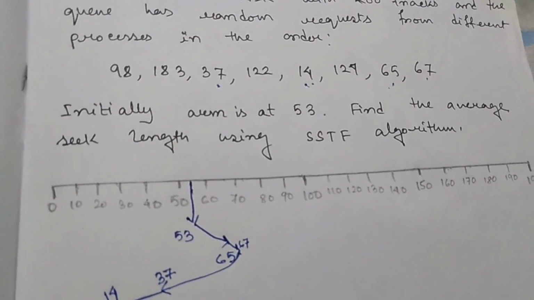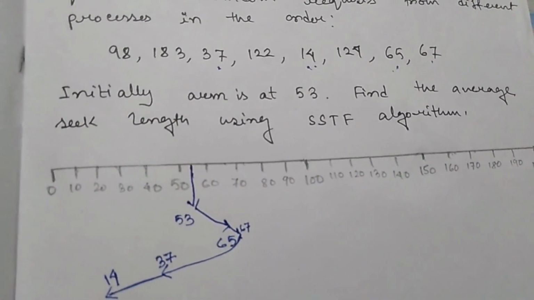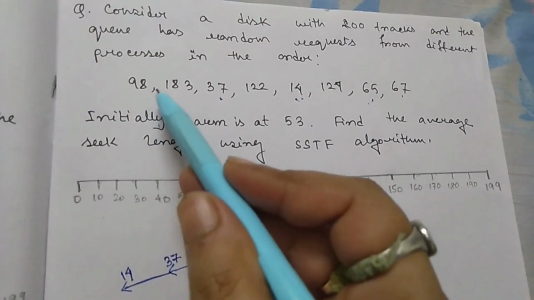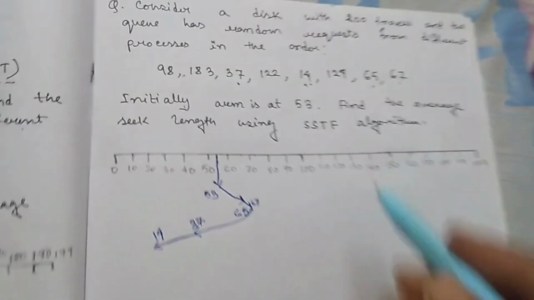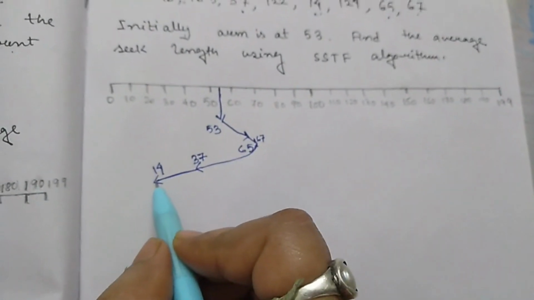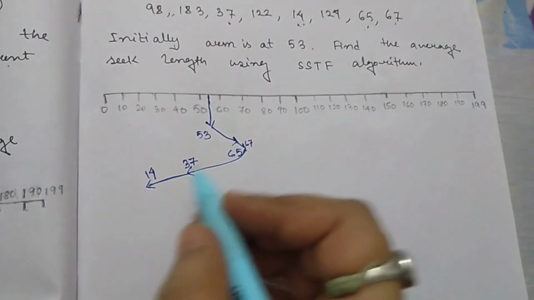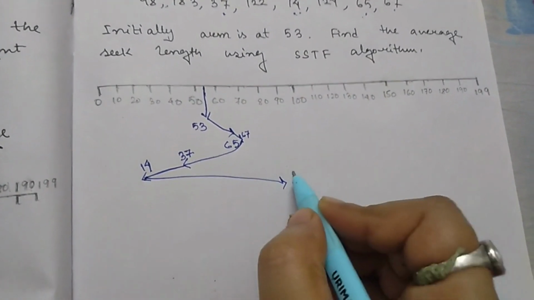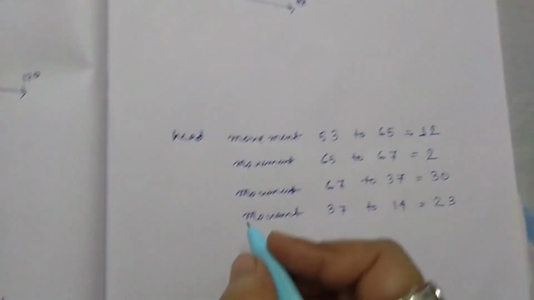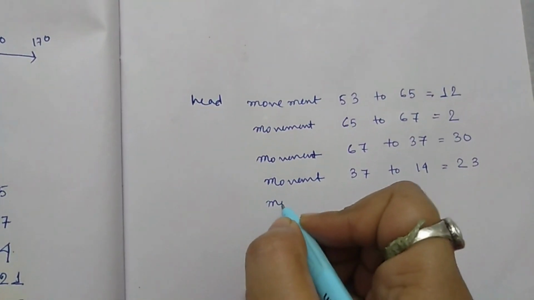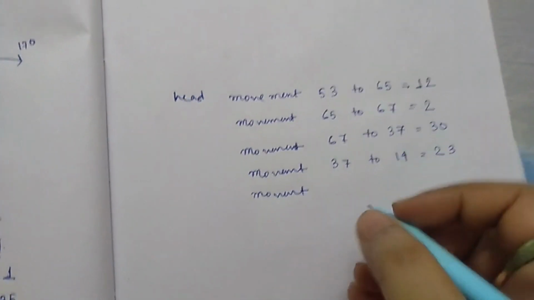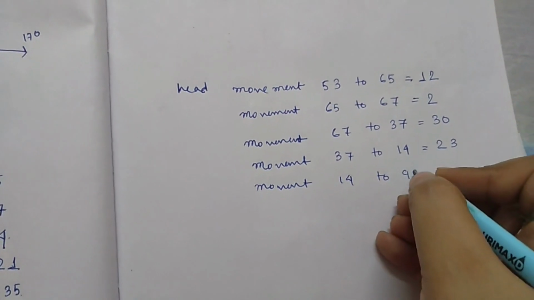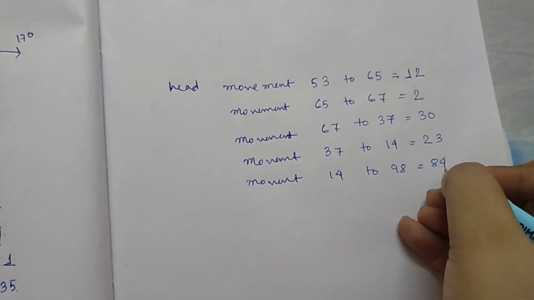So the nearest job to 14 is 98. Now calculate the head movement: 14 to 98, and the gap is 84.